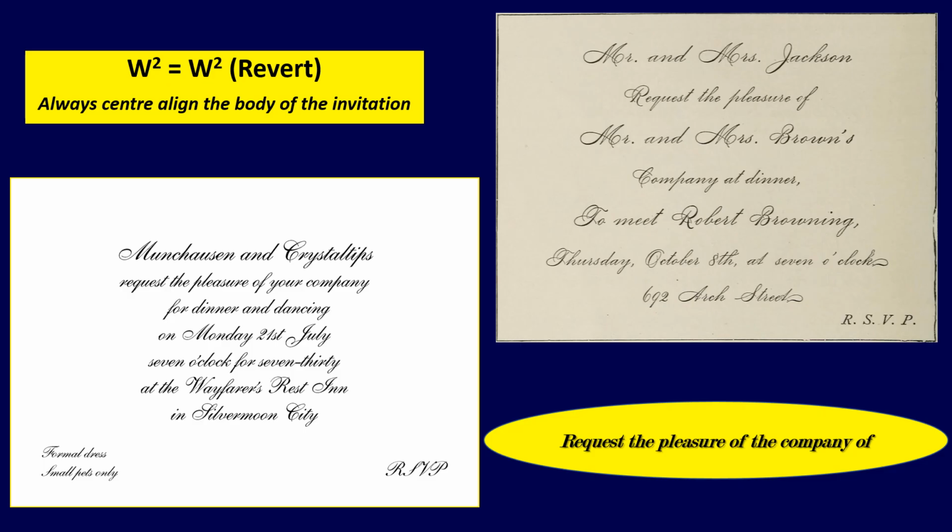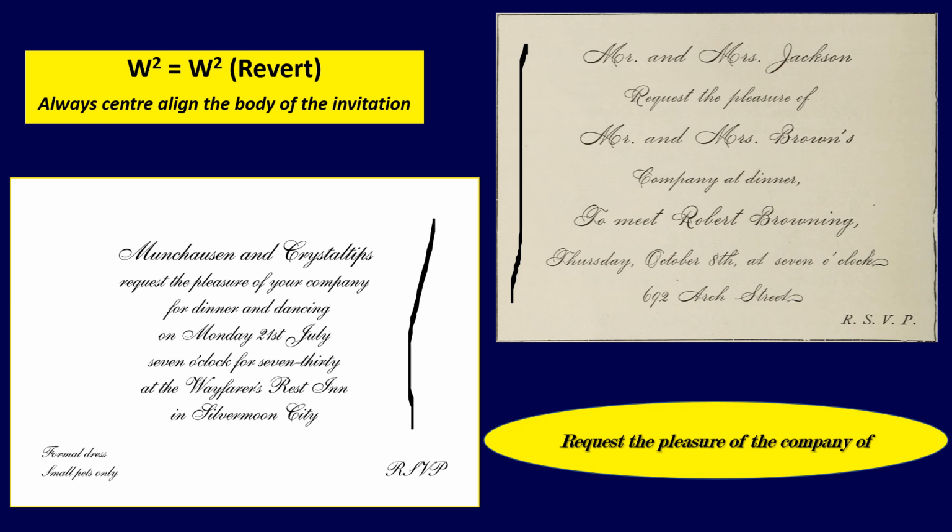I have shown you 2 illustrations of formal invitations here, requesting you to remember just 2 points. W squared is equal to W squared and revert, and in both these you can see that the body of the invitation is center aligned.